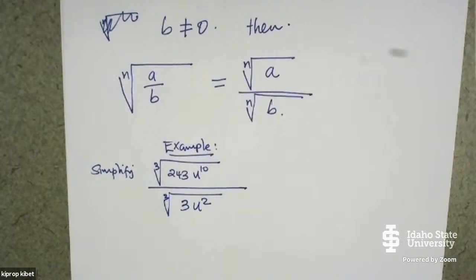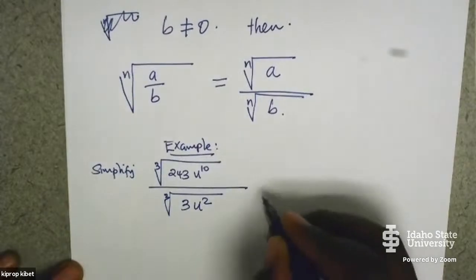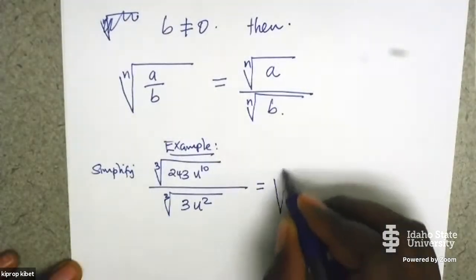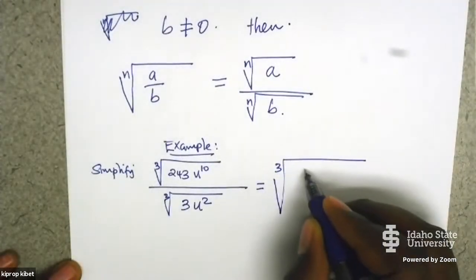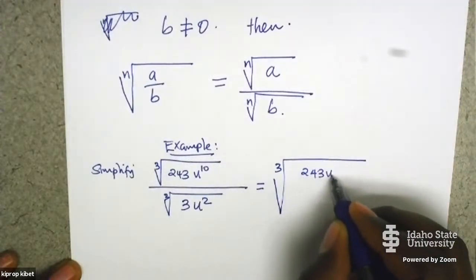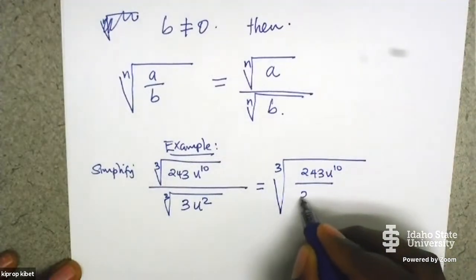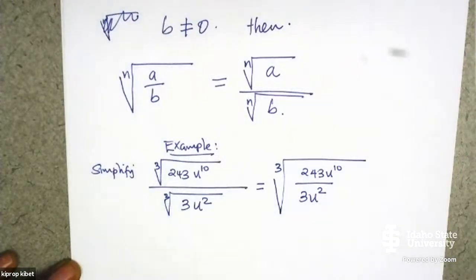Now, since the radical is the same, then we use the property like the one above. So this can be written as the cube root of 243 u raised to 10 all over 3u squared.